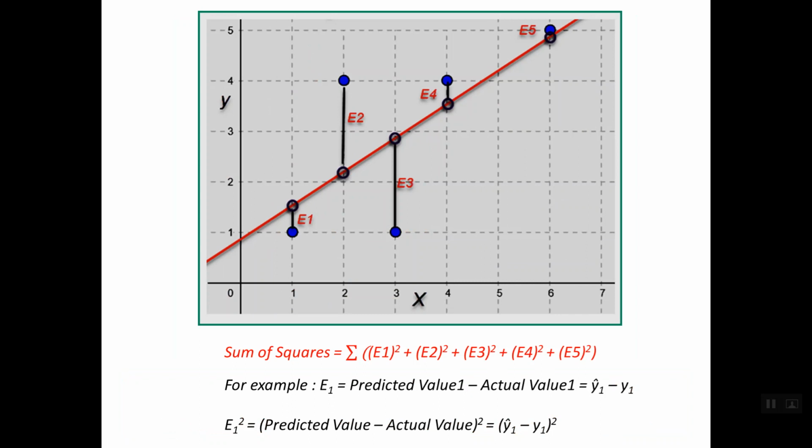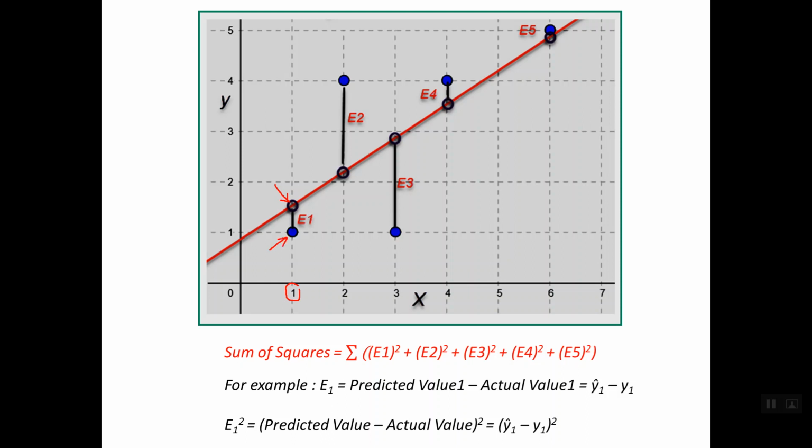For example, for the first observation, for x equal to 1, we have two values for y. The first one is the predicted one, and it is calculated by using the regression line formula. And the second value is the actual one.